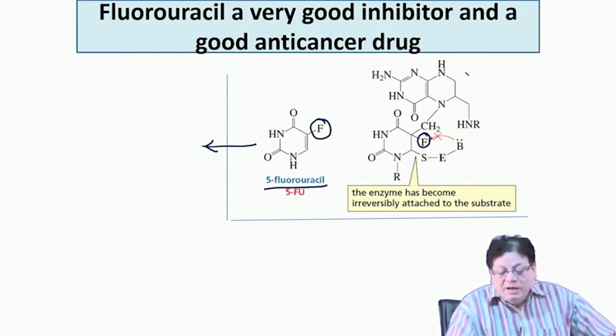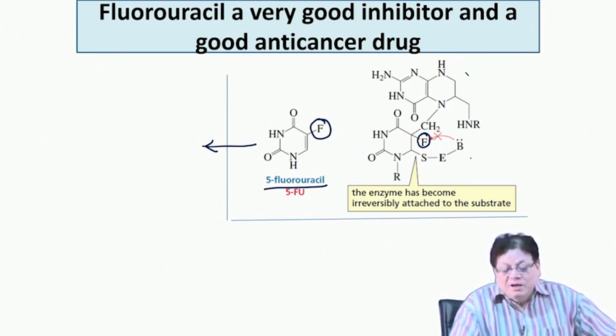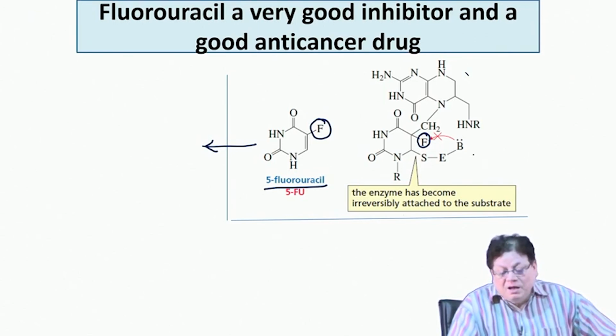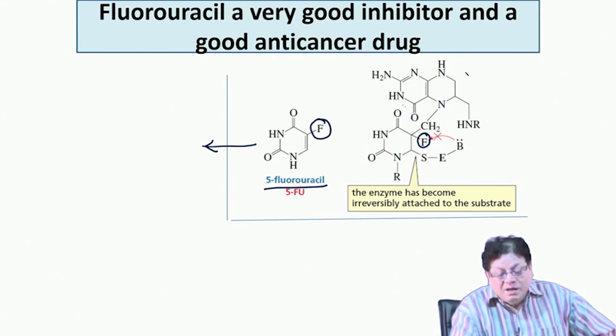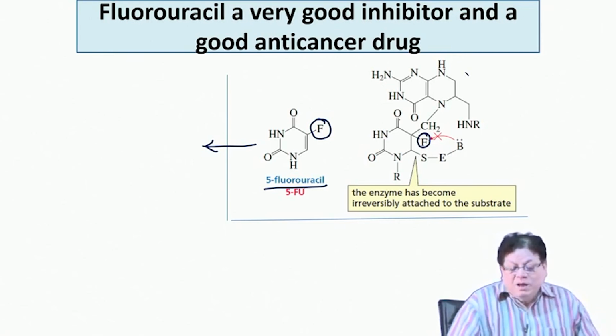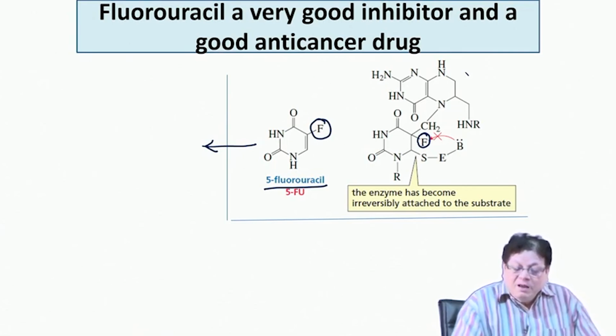So, the enzyme is basically now covalently linked to the dihydrofolate as the coenzyme. The dihydrofolate is linked to this fluoro version of uracil via the methylene to the tetrahydrofolate.